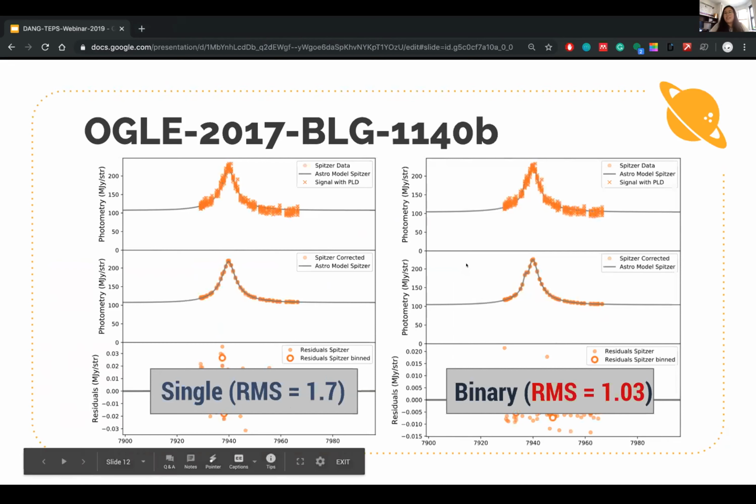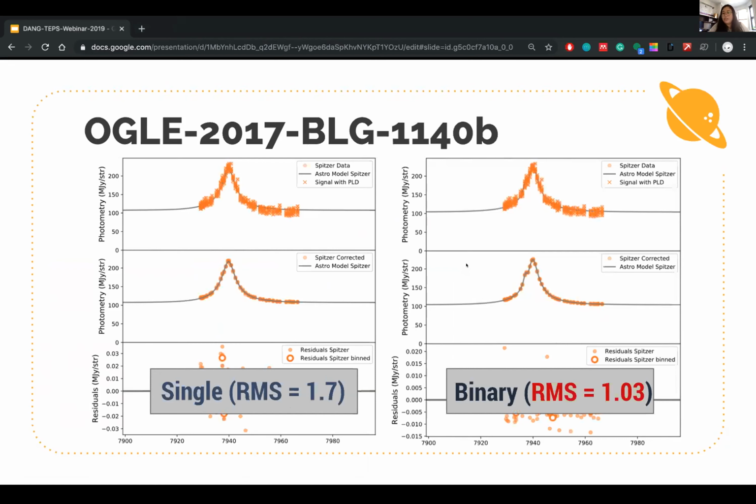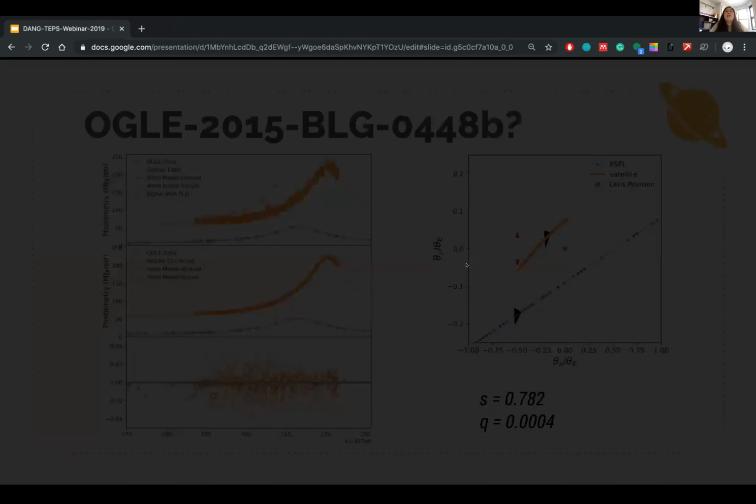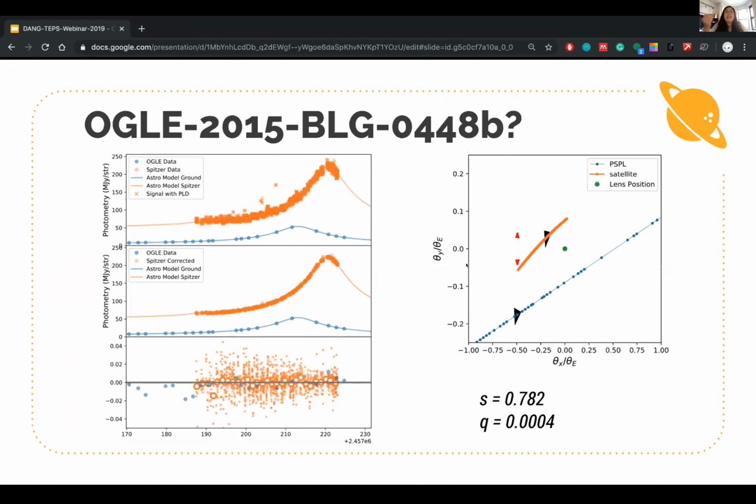This is actually an event that was already published where they found a planetary signal, and so this is reassuring. Now, we went after the event that I showed earlier, and in this case, our model also seems to prefer the binary lens model, even though the anomaly is not as significant or as strong as in the first case.